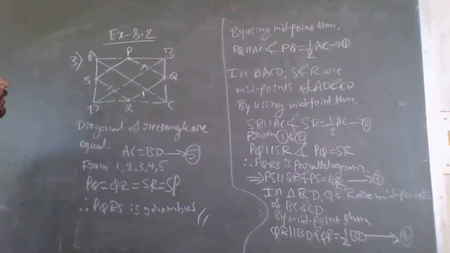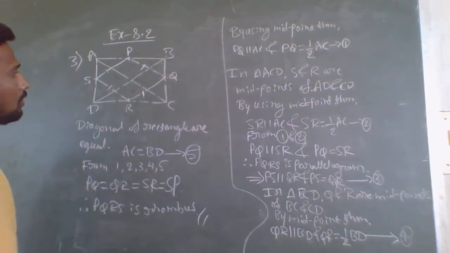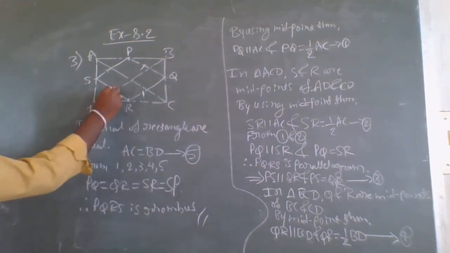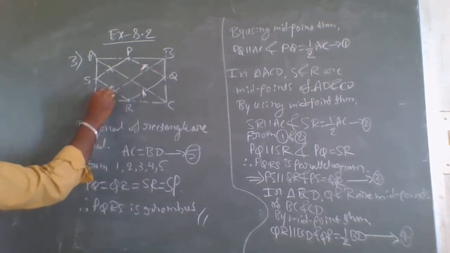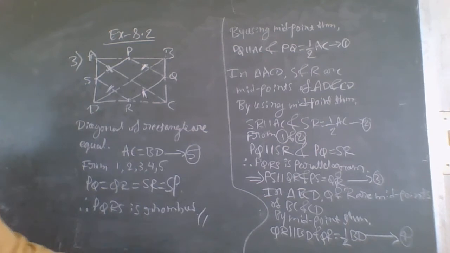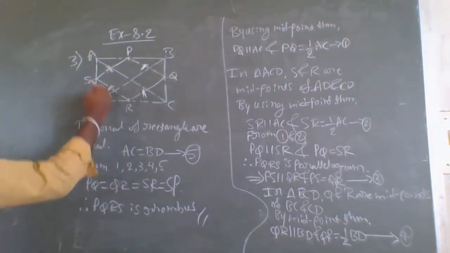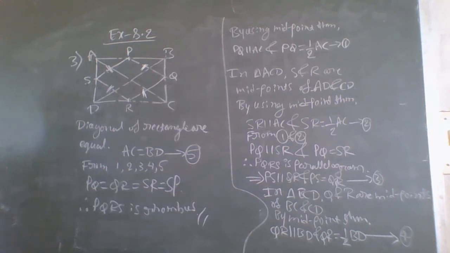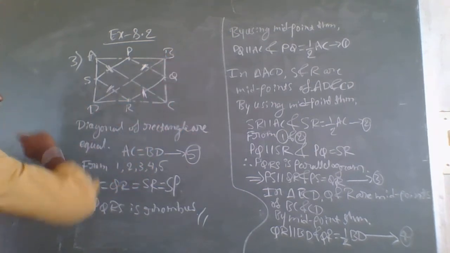To prove PQRS is a rhombus, first we proved PQRS is a parallelogram, so opposite sides are equal to each other. After this, to prove all the sides are equal, since in a rhombus all the sides are equal, we considered triangle BCD.